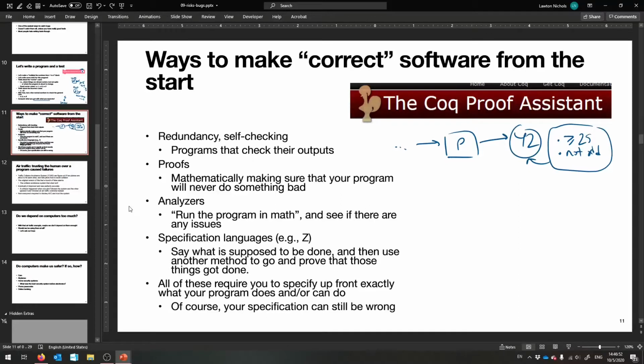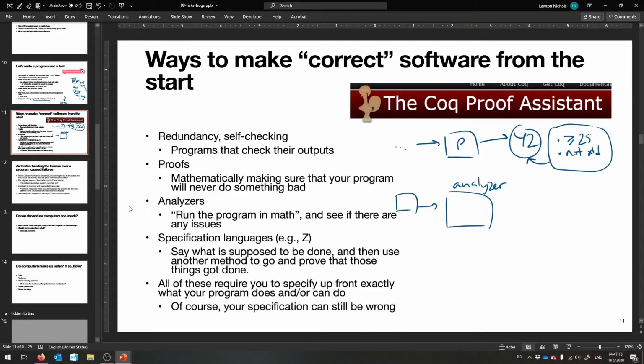Analyzers, they are built on top of a lot of math. So it's like you're running a program inside of math, and you see if there's any issues. Like you have a box. You have your analyzer box. And you actually feed it an entire program.